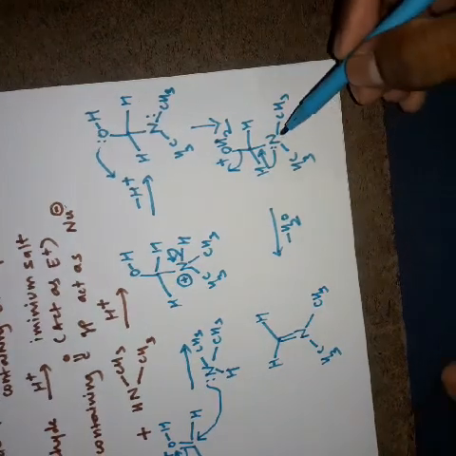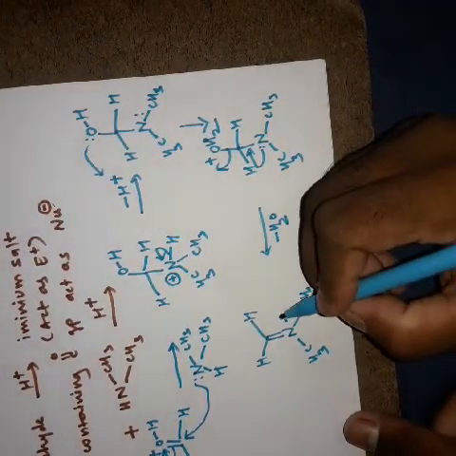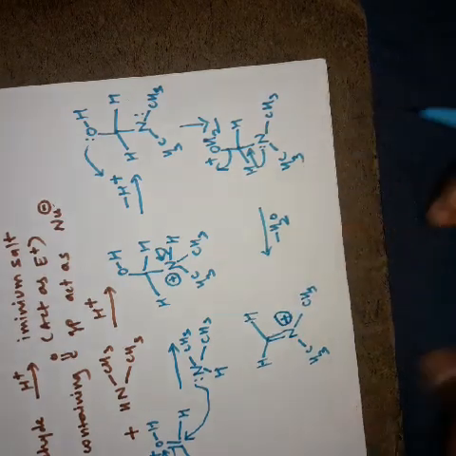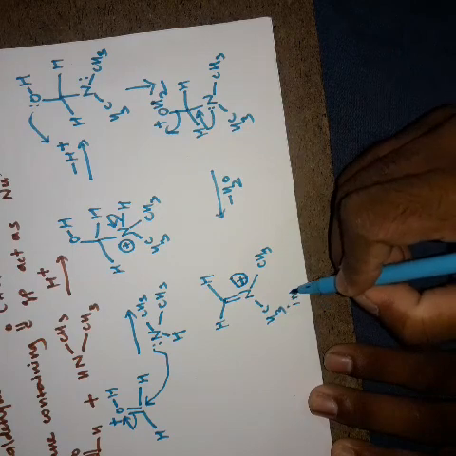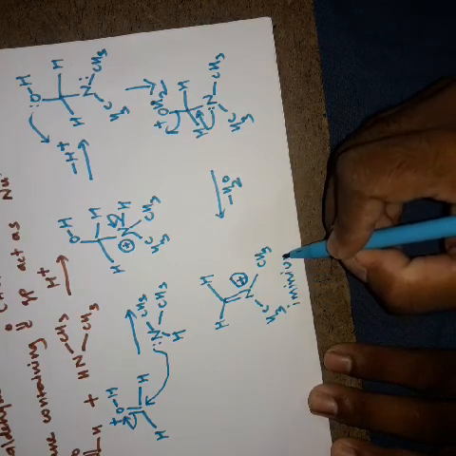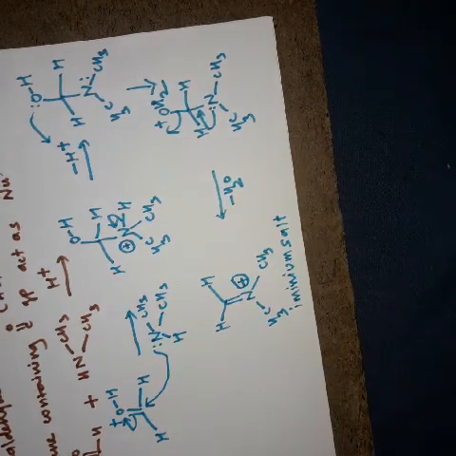Again, since the nitrogen has used its electrons, it carries a positive charge. So this is how we have prepared the iminium salt. This iminium salt is also called the Eschenmoser salt.